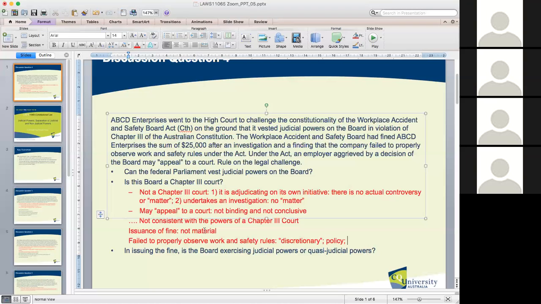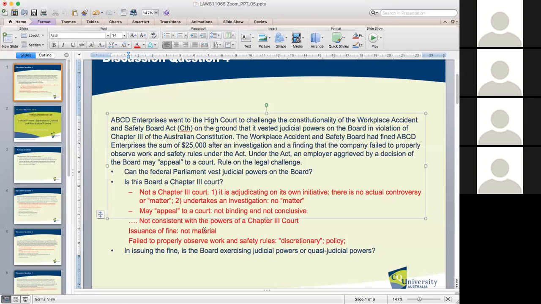We can assume it might be there, but I don't think it's there. So we're assuming a fact that does not exist. What's the more relevant point here? What standard do Chapter 3 courts use for the purpose of determining whether an act is constitutional or not? What's the standard? We discussed this earlier.